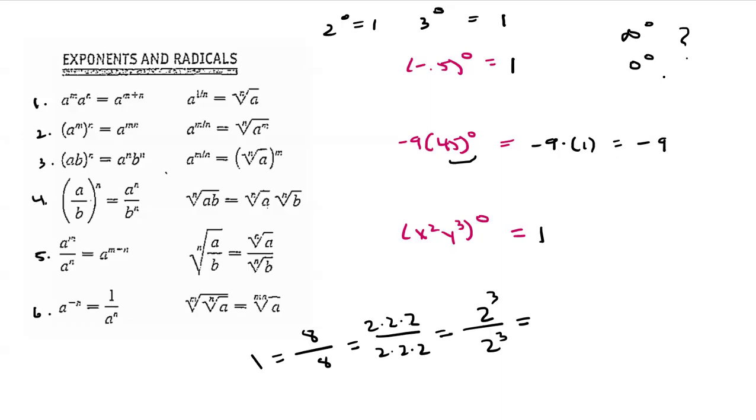Okay? You're like, well, how does that apply to 0? Well, let's talk about what we just learned about division, right? So if we're dividing, then we subtract the powers. So in this case, we have 2 to the third minus 3. Well, what's 3 minus 3? It's 0. So 2 to the 0 power. Okay? So every single one of these follows this same evaluation.